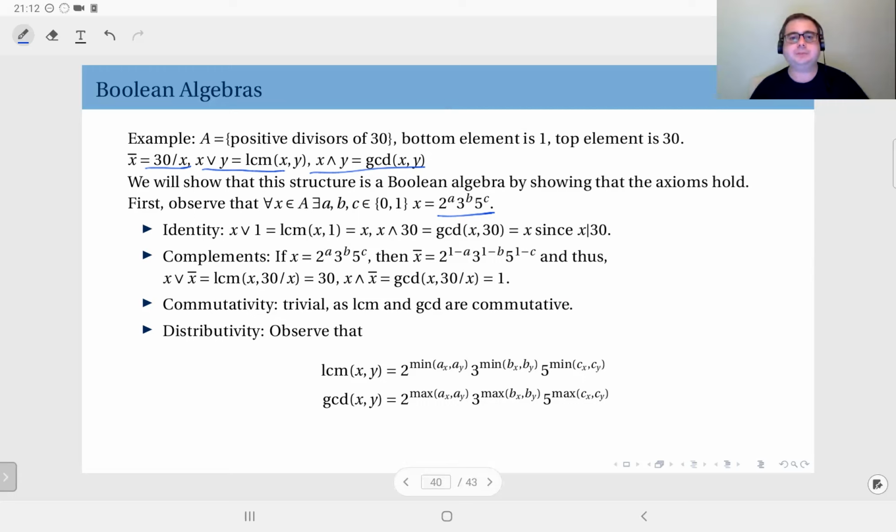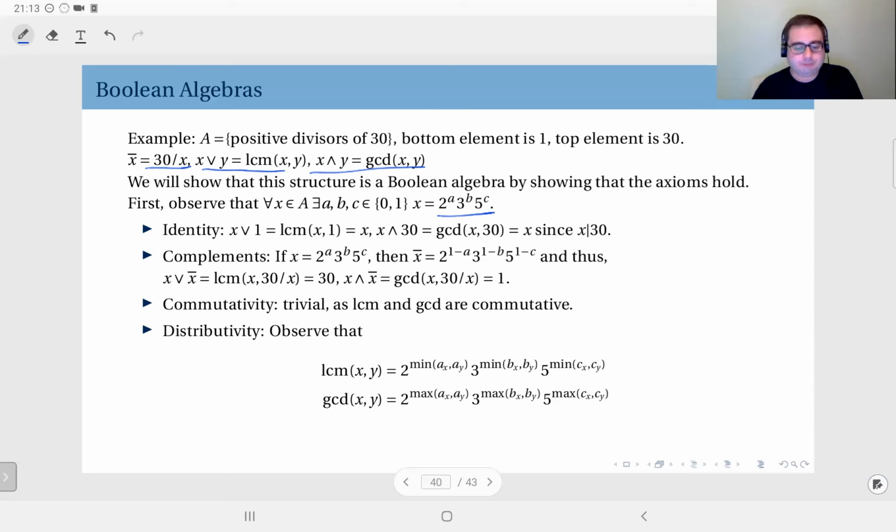You get the idea. Okay? So in fact, you can actually represent each of these numbers using a 3-bit binary number. But let's not go there right now. But you have to understand every number in this set I can represent in this form: 2 to the power a, 3 to the power b, 5 to the power c, and all a, b, c here are either 0 or 1.